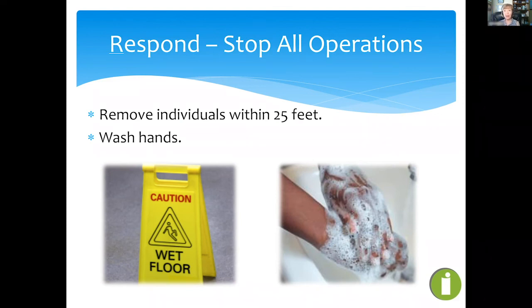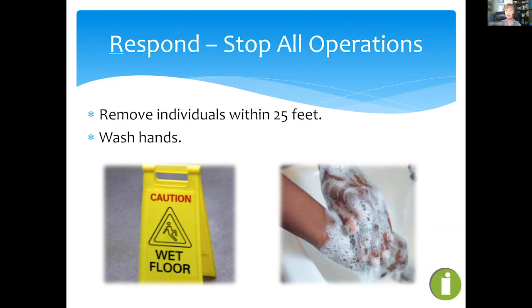So you have a body fluid cleanup situation. The first thing we want to do is to effectively respond. And that response means that we stop all operations. If it's on the tray line, if it's in the cafeteria, wherever that 25-foot zone is that's being impacted, we're stopping all operations there.